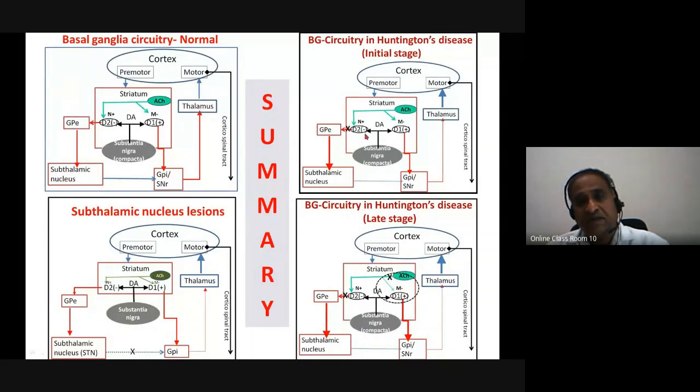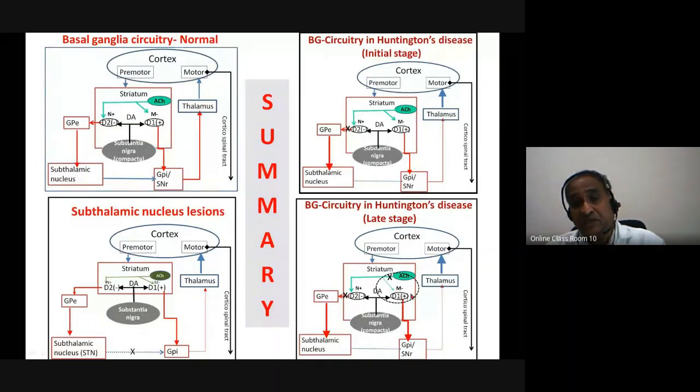That produces decreased output from the subthalamic nucleus, and that decreases the output of the GPi, globus pallidus interna, to the thalamus, and thus enhances the thalamocortical output, which produces the hyperkinetic actions to start with. These are enhanced because of the escalation of the direct pathway. The direct pathway is a hyperkinetic pathway.